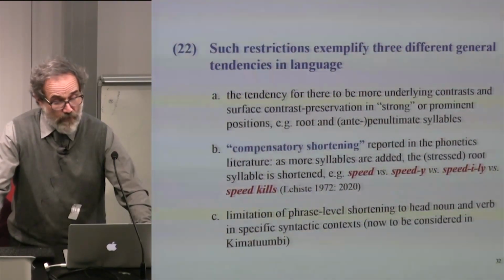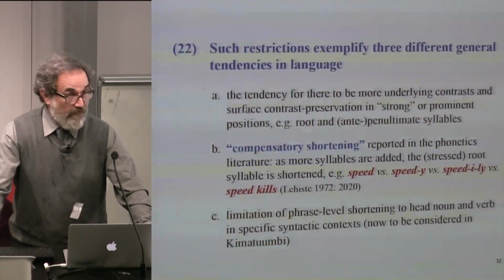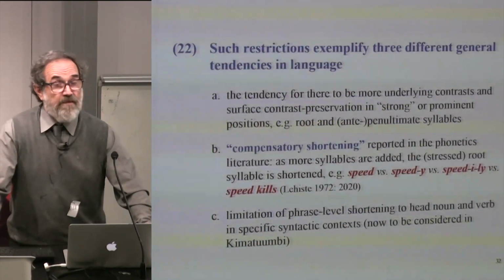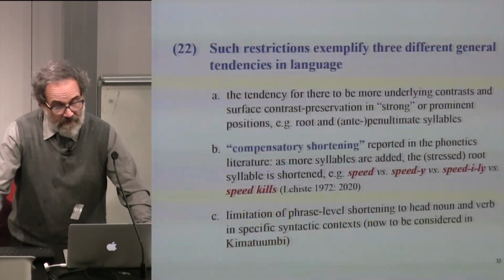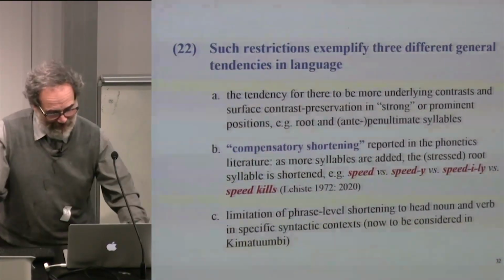So we consider the root to be a prominent position from the morphology, roots versus affixes, and penultimate and anti-penultimate syllables we'll consider to be prominent positions as well. The second point is shortening, which is reported in the phonetics literature. We saw compensatory lengthening a minute ago.